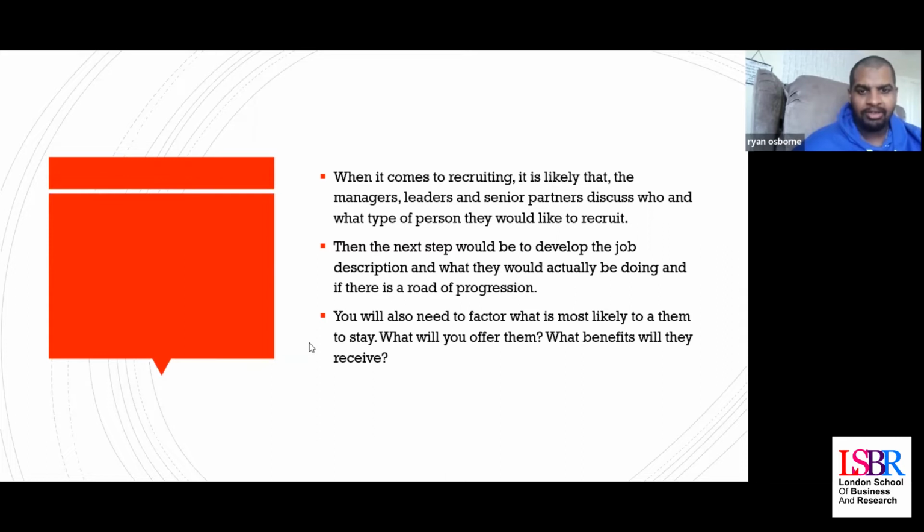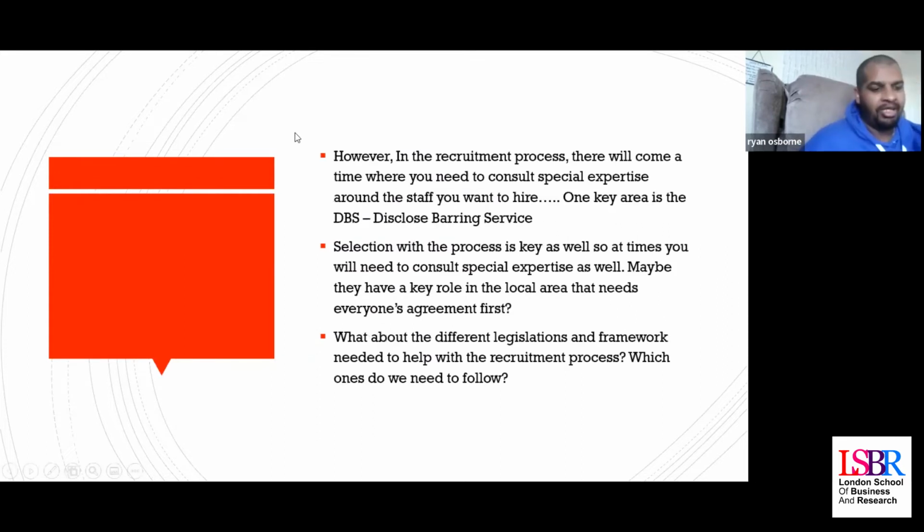So if we move on, in the recruitment process, there is going to be a time that you will need special expertise around the staff you want to hire, around who you have to offer and what you want to do.